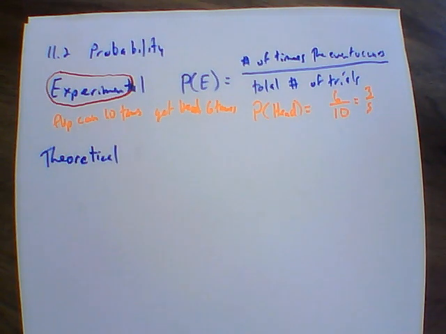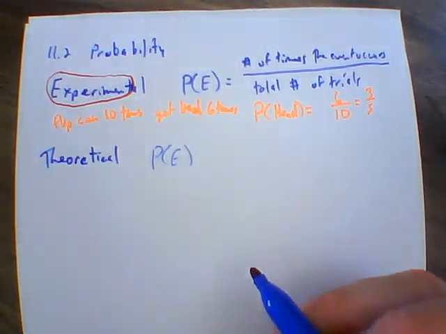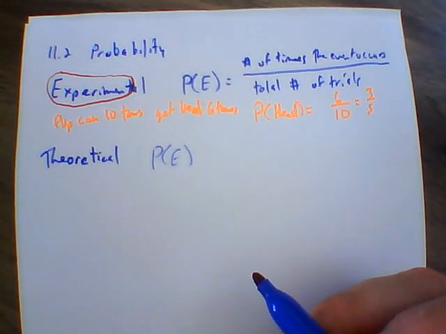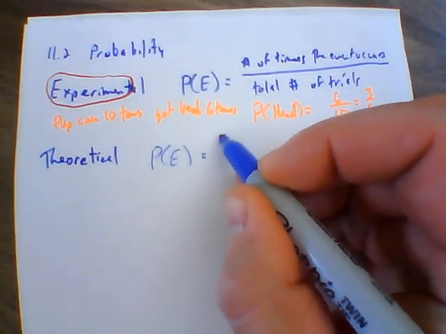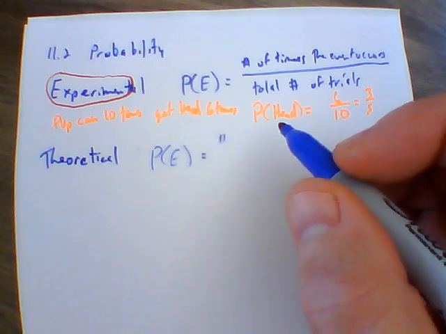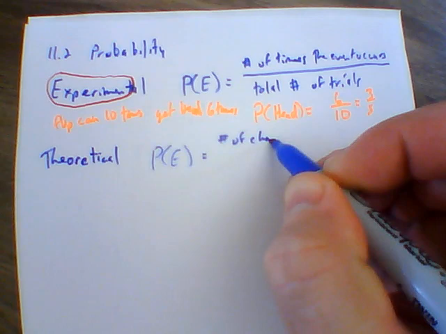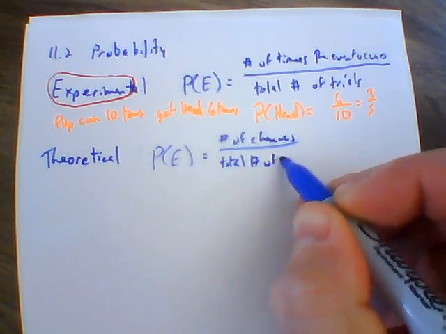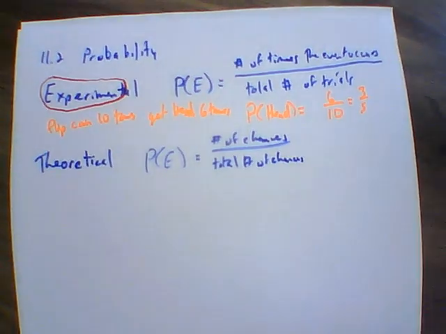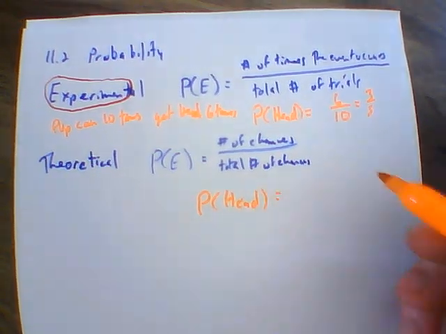Now, theoretical probability talks about the probability of an event being equal to the number of favorable outcomes divided by the total number of outcomes.